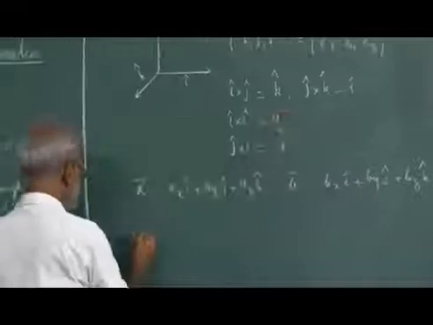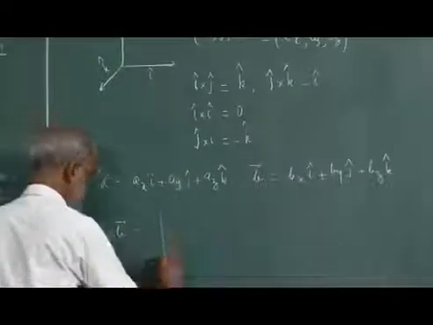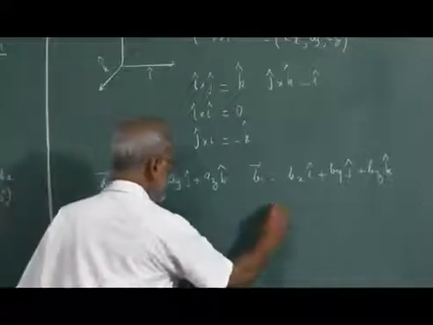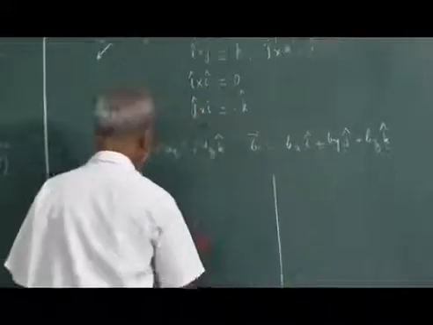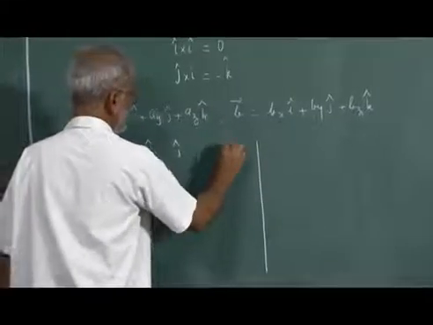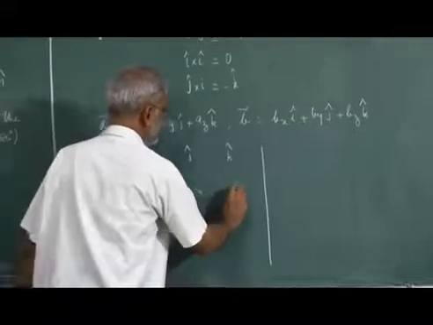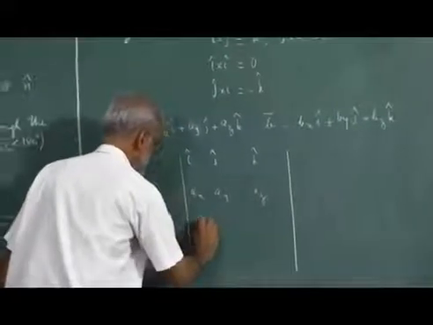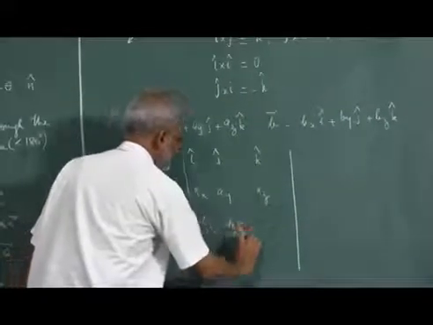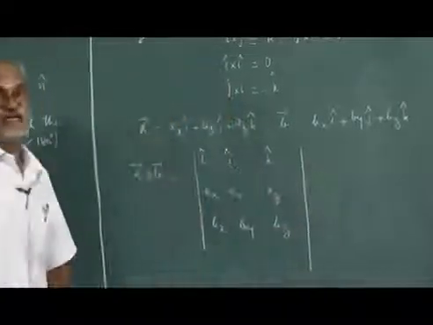Then A cross B is calculated as a determinant with rows I j k, Ax Ay Az, and Bx By Bz. How you calculate, I am going to tell you.